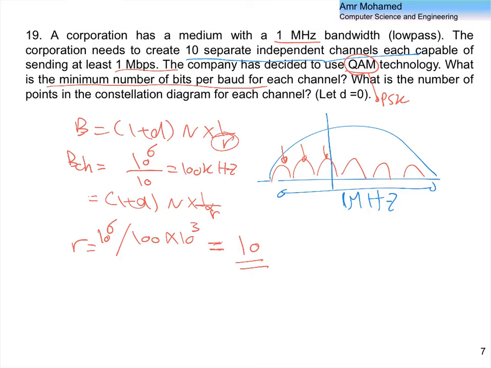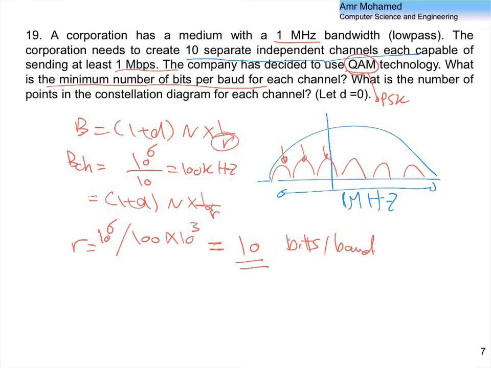No unit. Bits per baud. This is the number of bits per baud, or the ratio between the number of data elements and the number of signal elements. Okay? So the number of bits per baud is 10.